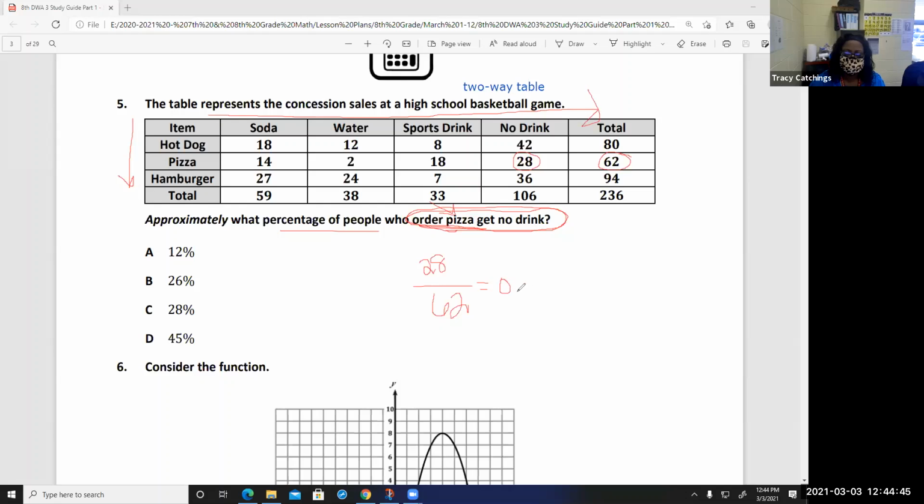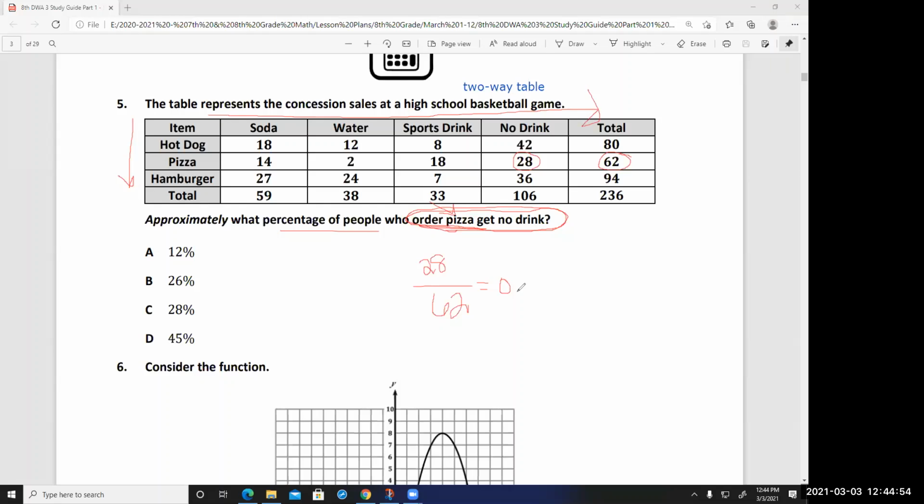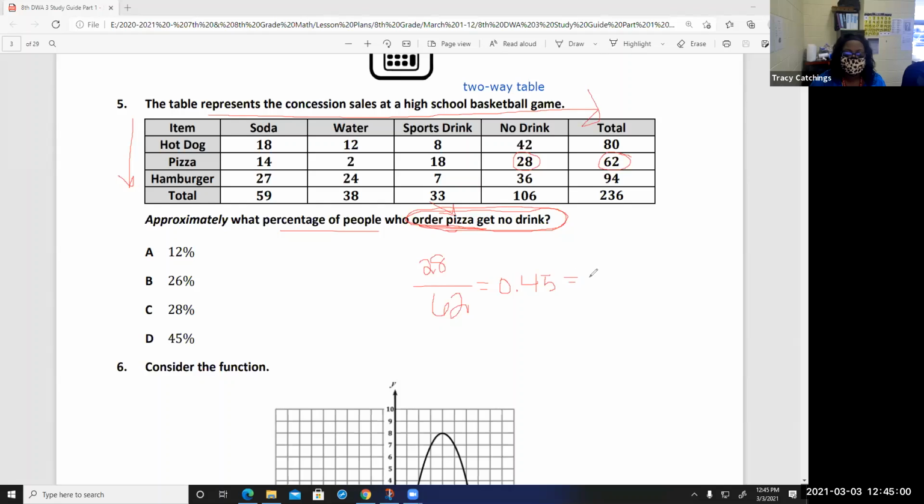Check that, make sure you divide it right. 28 divided by 62. All right, so then I shift 2 times, 45%.